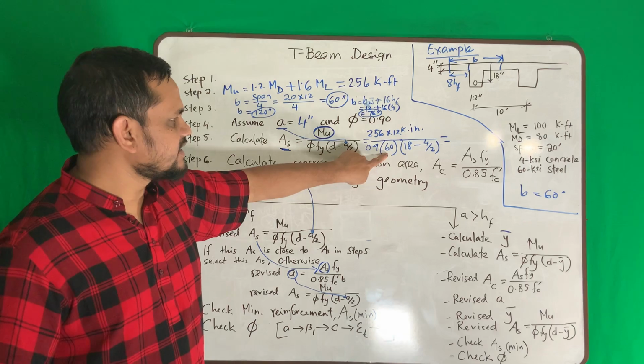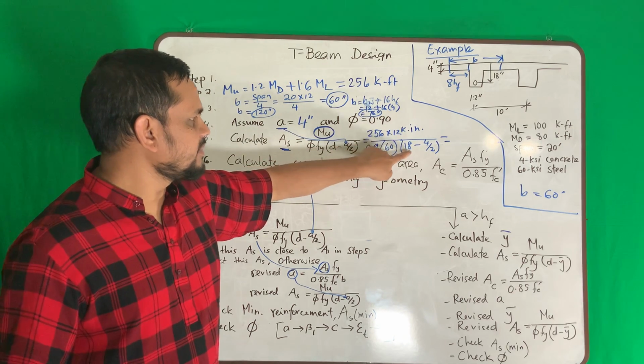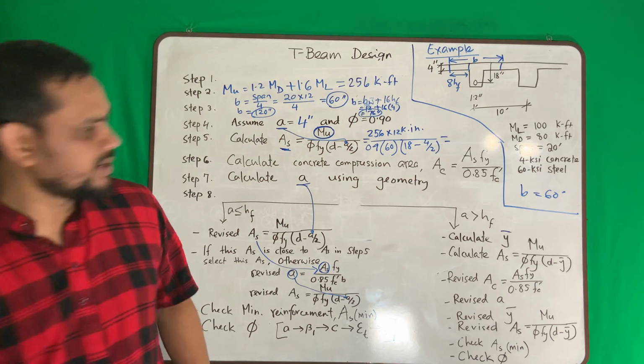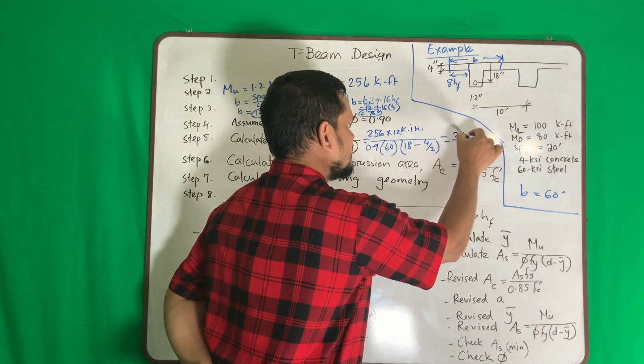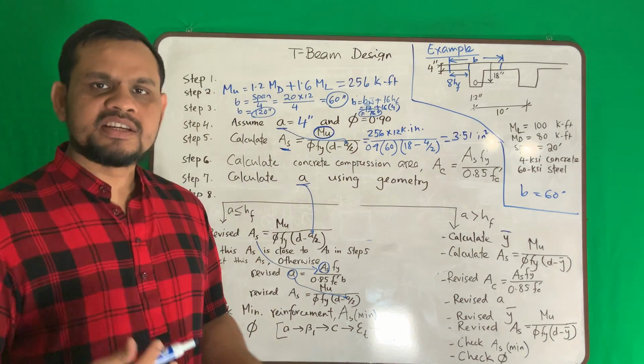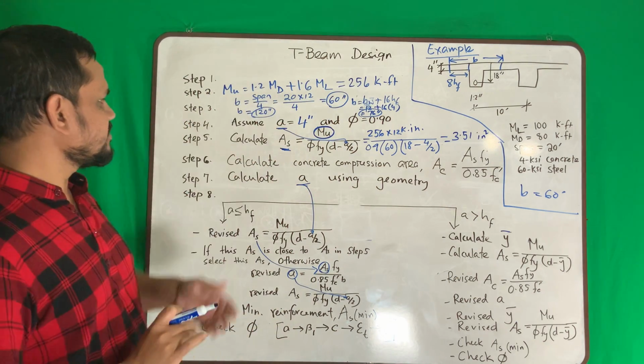This is ksi, so kip cancels. Everything is in inch. So I got my reinforcement 3.51 inch square, my initial reinforcement based on this assumption.